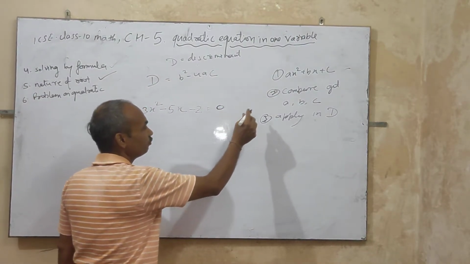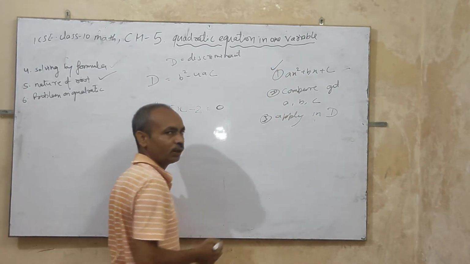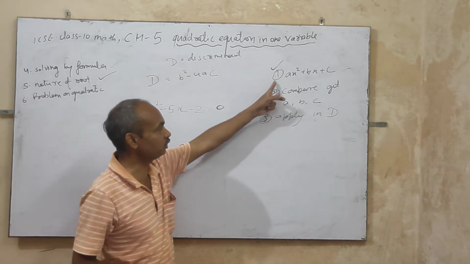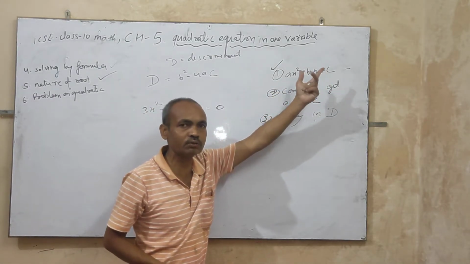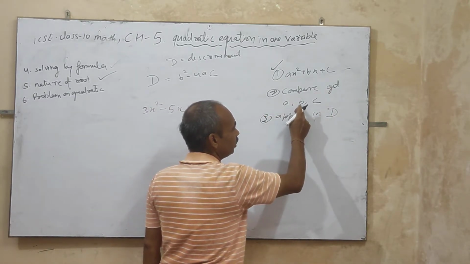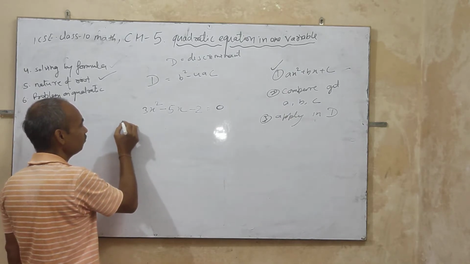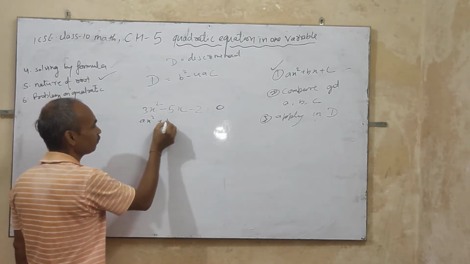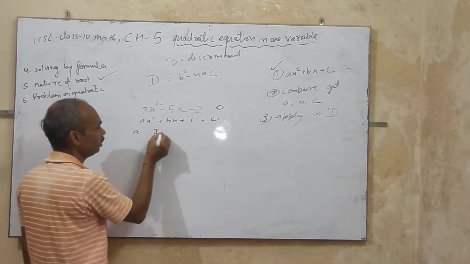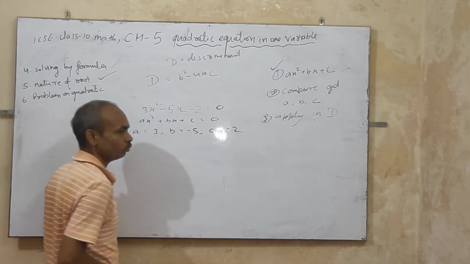First of all, we should convert this equation in this form, but we know that it is already in the form ax square plus bx plus c. Now the second point, compare and get the value of a, b, c. After comparing with ax square plus bx plus c is equal to 0, a is 3, b is minus 5 and c is minus 2.